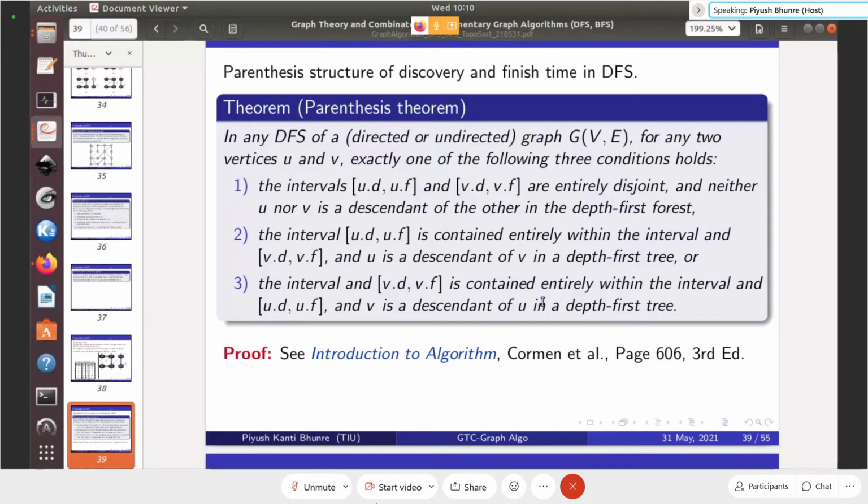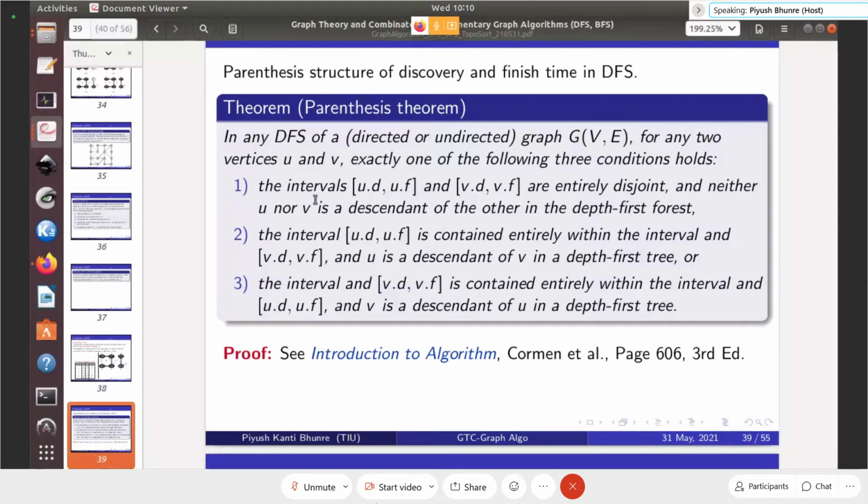Here this property is put as a theorem. There are three cases possible for a directed or undirected graph. Once you perform DFS on the graph, you can draw these three conclusions.